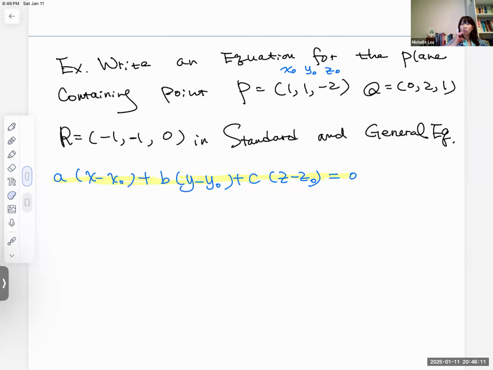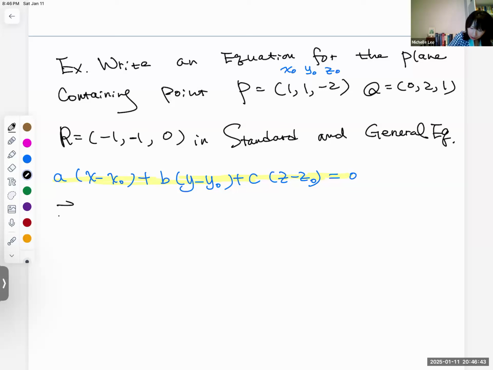We knew from the cross product, the cross product of two vectors is orthogonal to those vectors respectively, right? So we want to find the cross product. In order to find the cross product of two vectors, we need to find the vectors first, right? So let's find the vector PQ from the two points and then QR. All right, so let's do it.